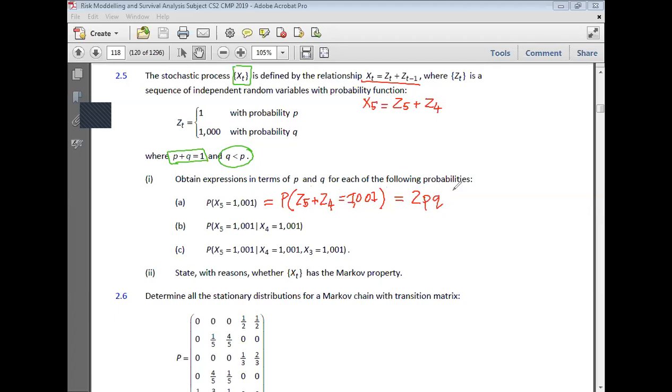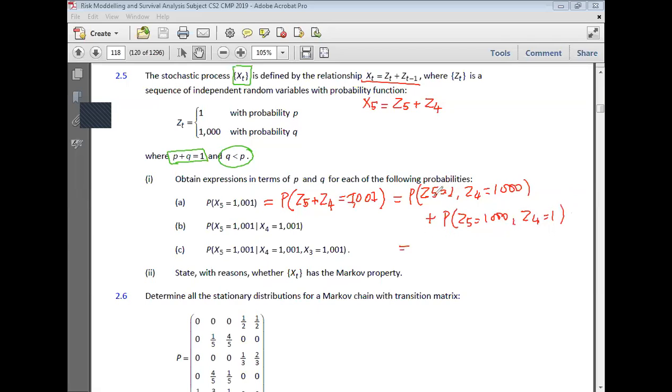PQ plus PQ. Let me just maybe write it. Okay, so what I mean to say is that this will just be the probability that you get Z5 as 1 and Z4 as 1000 plus the probability that you observe Z5 as 1000 and you observe Z4 as 1.